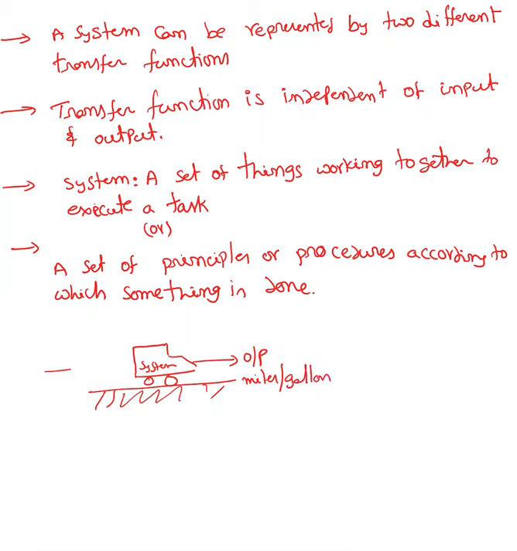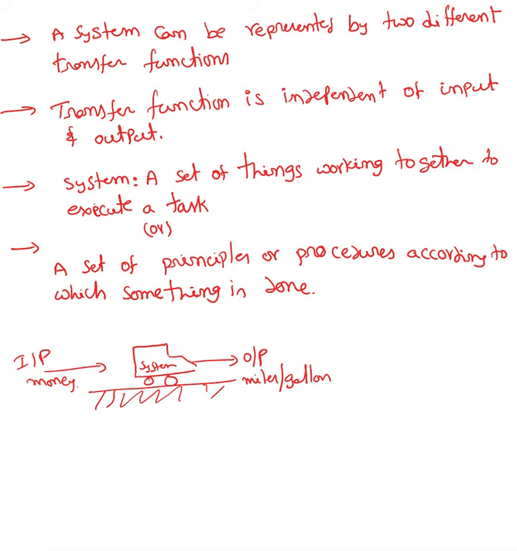My input for this system is probably I want to spend less money to buy this system, so my input is money. My transfer function, whatever represents the system, is output over input: miles per gallon divided by money. That gives this system.